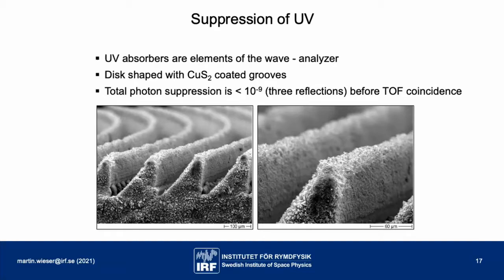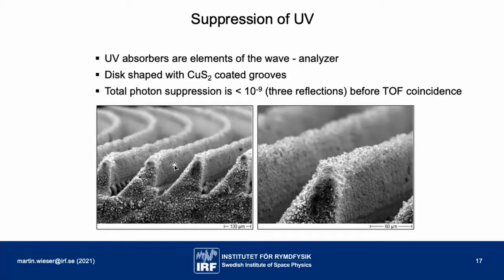In this case, a copper sulfide coating was used, combined with these sawtooth-like grooves, which result per reflection in a suppression of 10 to the minus 3, and with 3 reflections needed to get into the time of flight section, we have about 10 to the minus 9 suppression of incident photons.